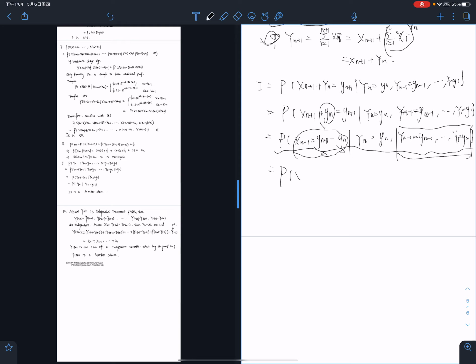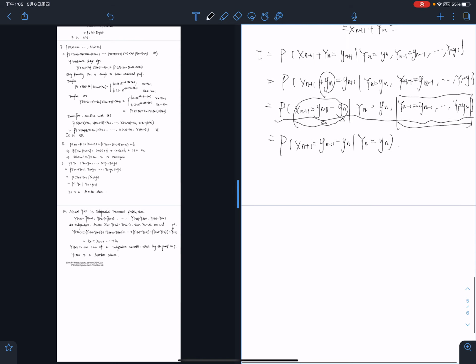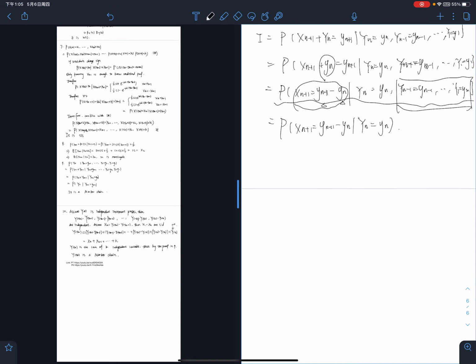So it should be Xn+1 equals yn+1 minus yn on the condition the random variable Yn equals yn. Therefore, it is Xn+1 plus Yn equals yn+1 on the condition Yn equals yn.